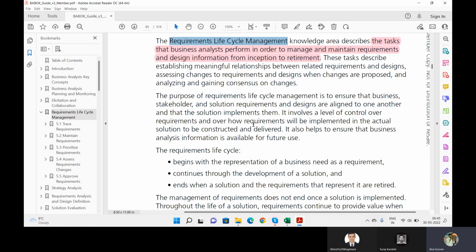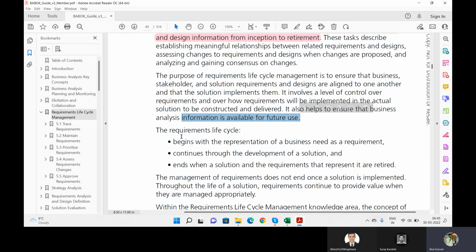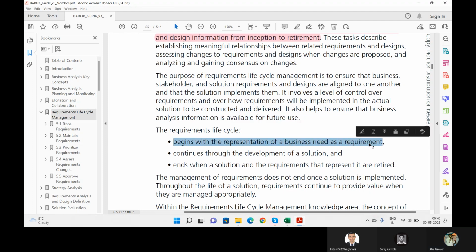Okay, what does it do? It helps to ensure that business and systems are available for future use. Definitely. The requirement lifecycle begins with the representation of the business need as a requirement. I need a web page, that is a representation of my requirement.